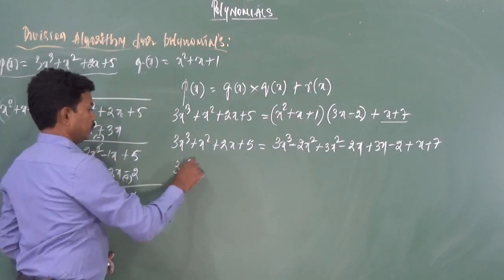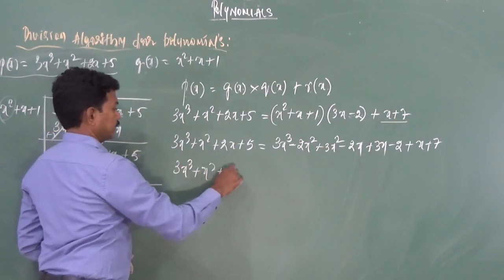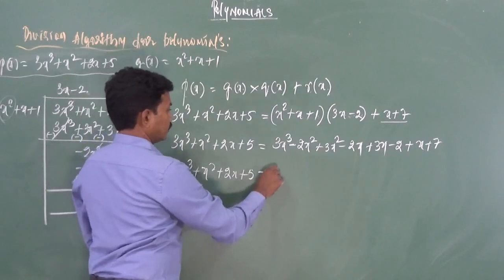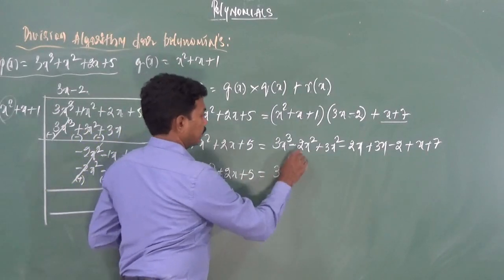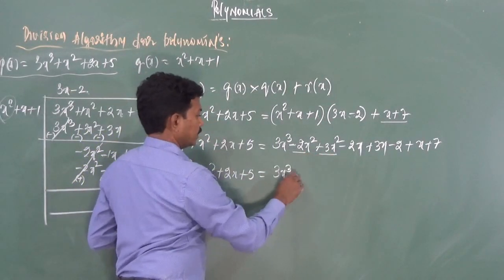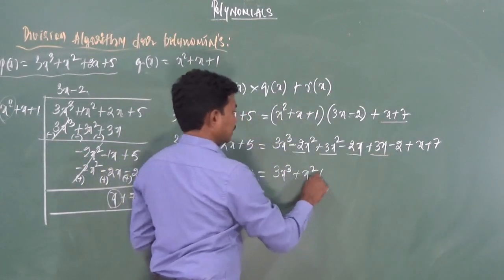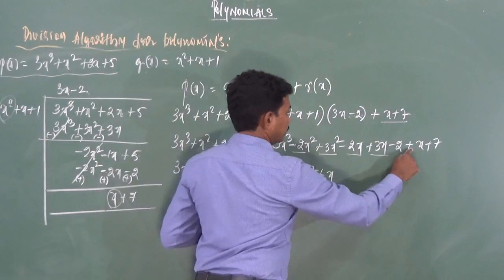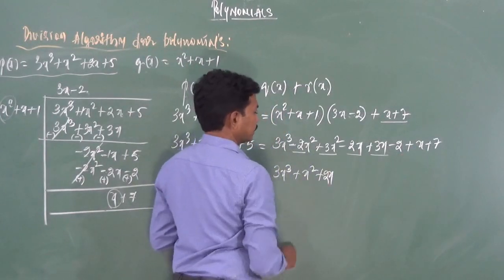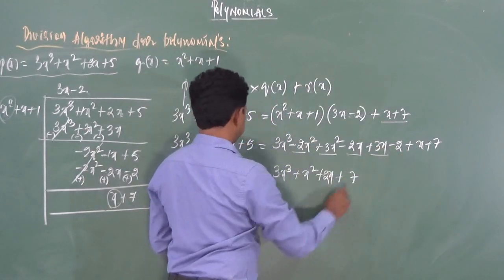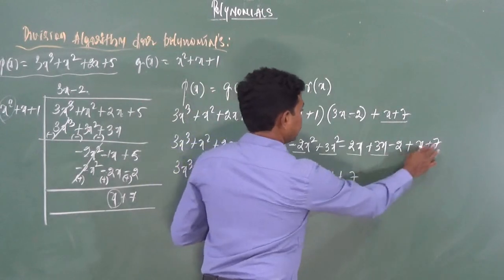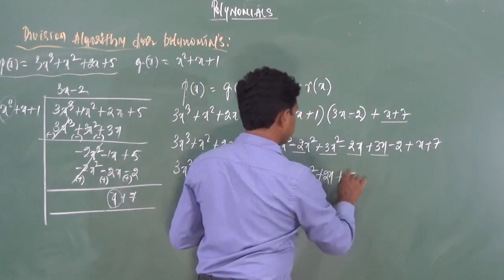So 3x cube plus x square plus 2x plus 5 is equal to 3x cube minus 2x square plus 3x square is plus x square, minus 2x plus 3x is plus x, and plus x is plus 2x, and plus 7 minus 2, that becomes plus 5.